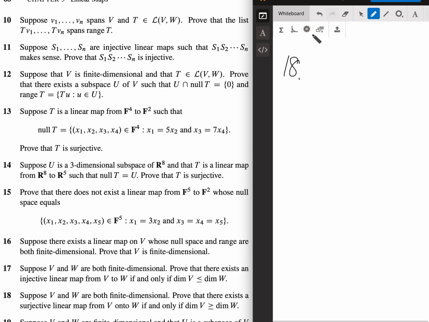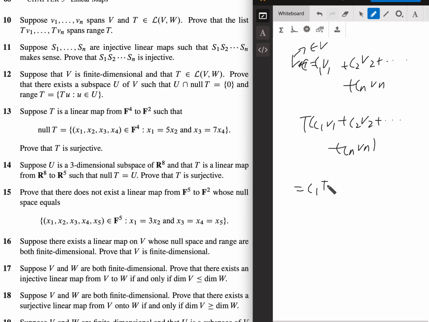Maybe one more thing to say there: if you have some arbitrary element in V which is constructed using some linear combination of vectors in the vector space V, then the linear combination can be broken up, right?